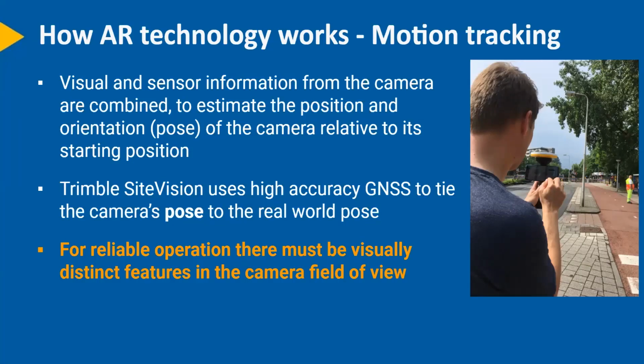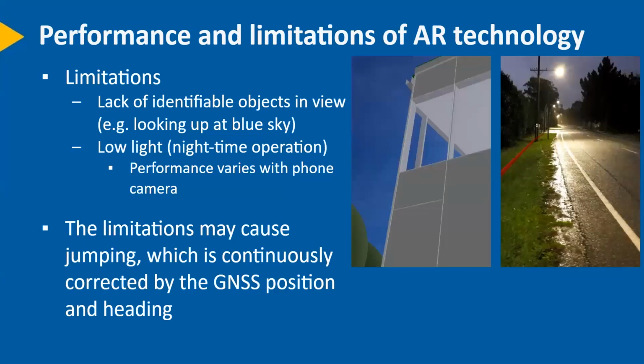And in those cases where you don't have visually distinct features, or the camera can't make those things out, like there's a lack of identifiable objects in the view, meaning you're looking at a single gray wall, or you're looking up at the sky where it's all blue, or down at the grass where it appears to the camera and the technology to be very uniform features.